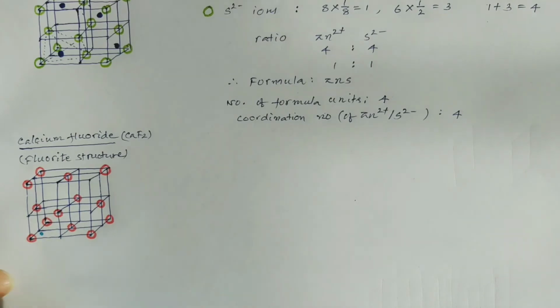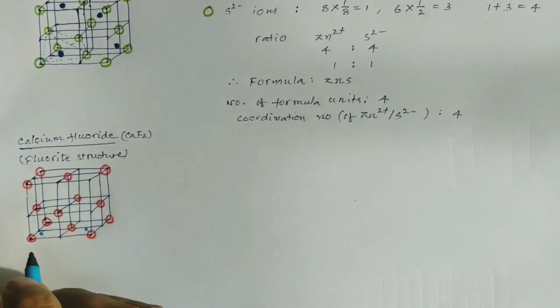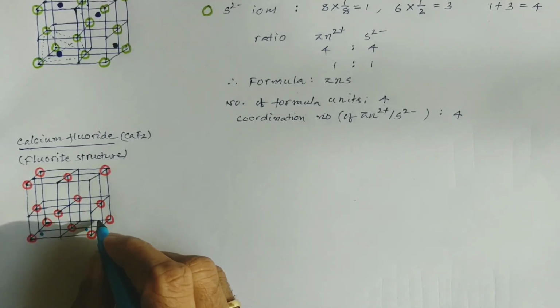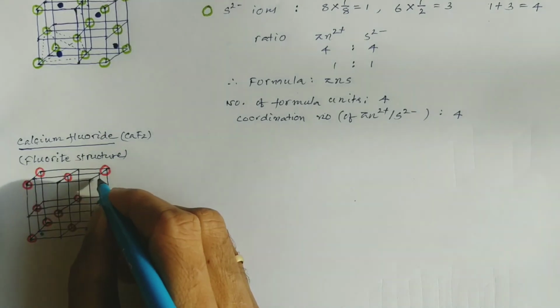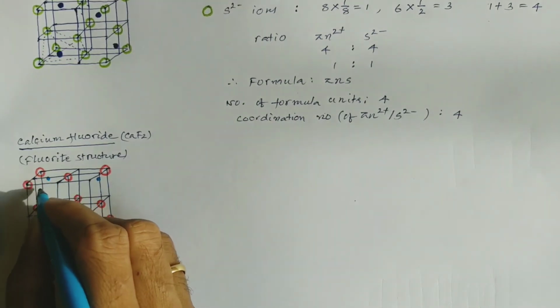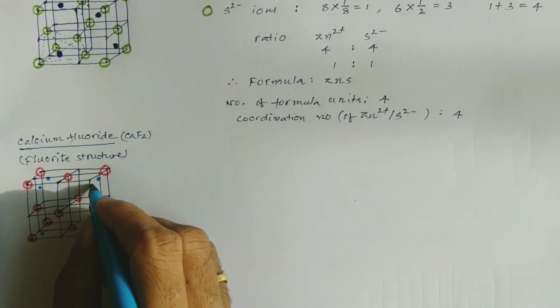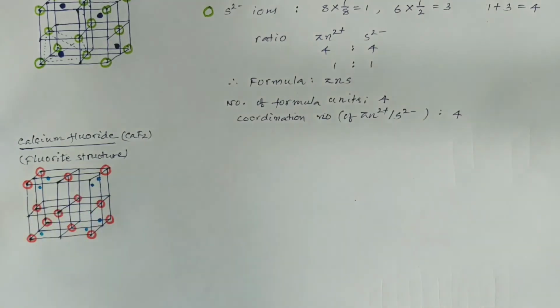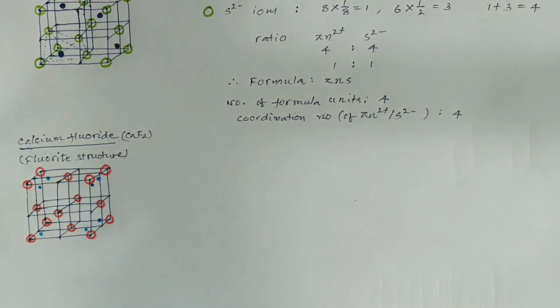So this is one tetrahedral void. This is another tetrahedral void. Like this, each corner has one tetrahedral void. So in total there will be 8 tetrahedral voids, right? So in total there are 8 tetrahedral voids occupied by fluoride ions.